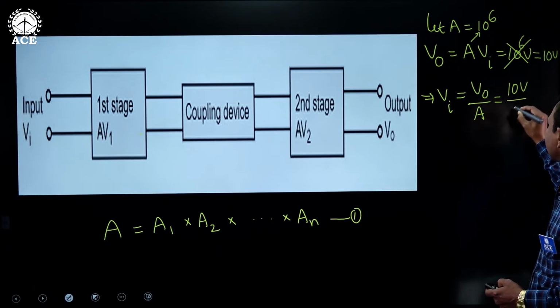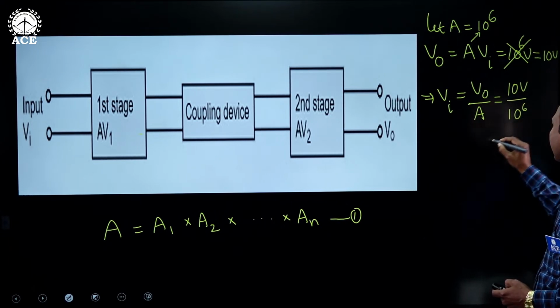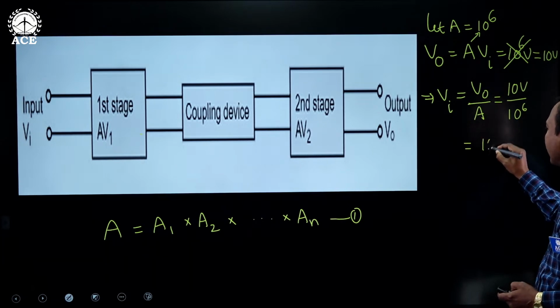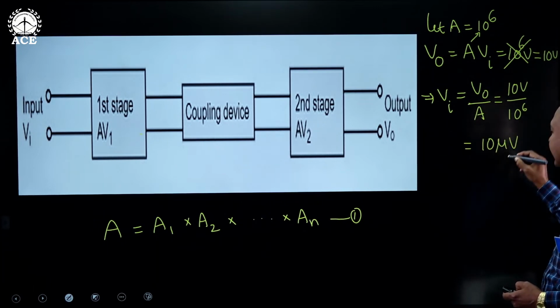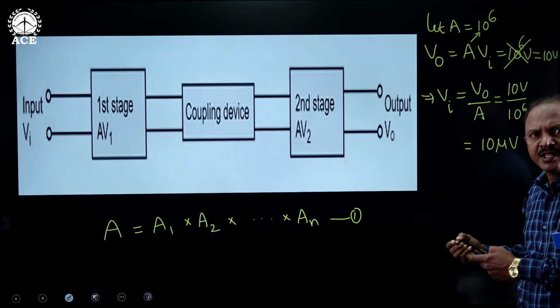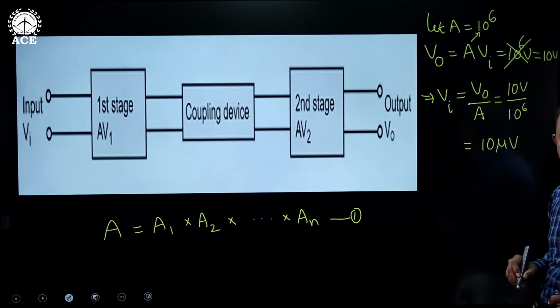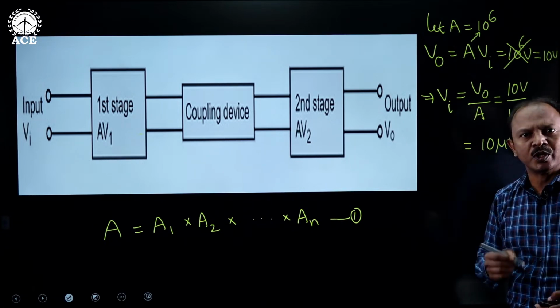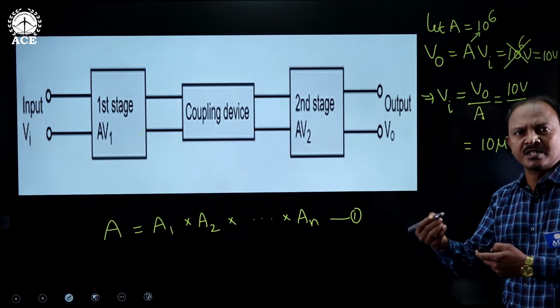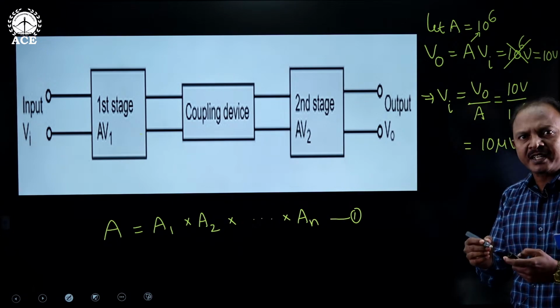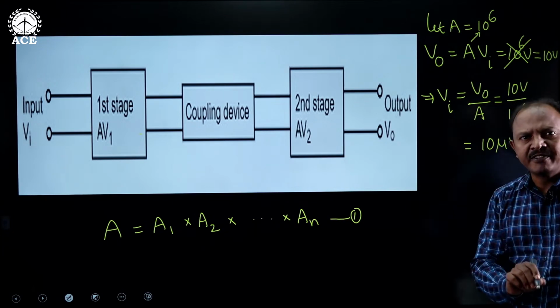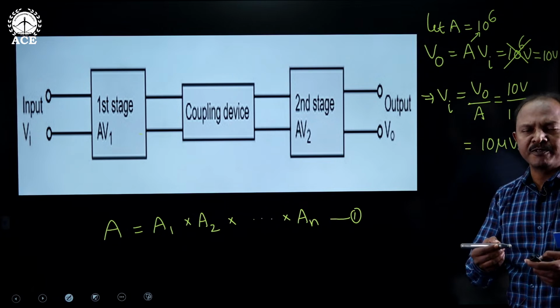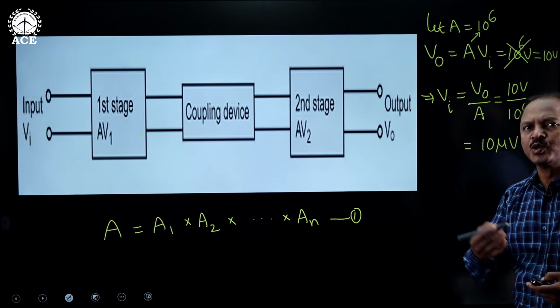A is 10^6. Then what will it be? Around 10 microvolts. What I am trying to convey with this simple example is that high gain in a multistage amplifier will not reflect on high output voltage in the range of thousands of volts. It will reflect on amplifying very weak signals, from the range of microvolts to volts.